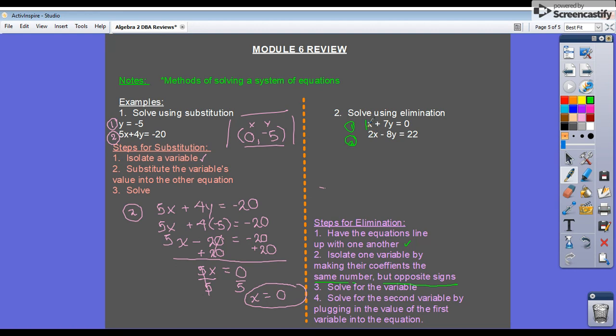So 1 and 2, I want them to be the same number. Well, how can I make them the same number? What could I multiply by? I could multiply the 1 by 2. I not only want it to be the same number, but I want it to be the opposite sign. So I'm not just going to multiply this by 2, I'm going to multiply it by -2. But make sure you keep it balanced.